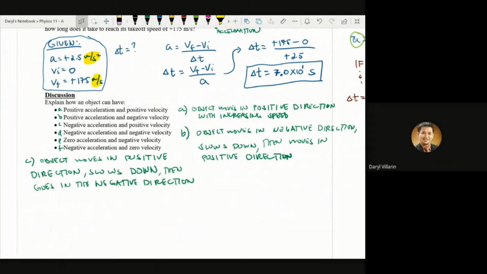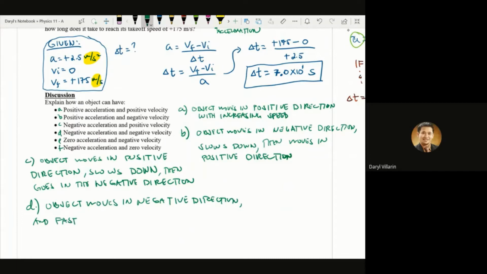They are answers. So if you can see here, letter D is negative acceleration and negative velocity. So if you can observe the position time graph as well as the velocity time graph, the object moves in negative direction, but moves faster.